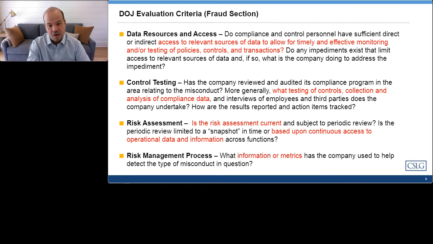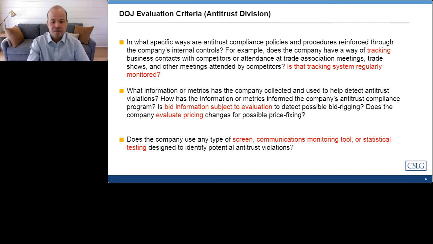For example, whether there is testing for transactions, whether compliance functions have access to data, whether they're looking at risk assessments on a continuous basis instead of just a snapshot in time, what information or metrics are really driving the compliance program. Likewise, their counterparts at the antitrust division are also saying, yeah, we're interested in data as well.